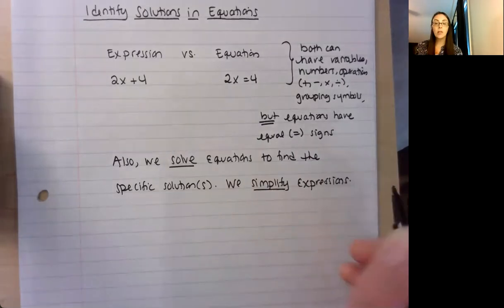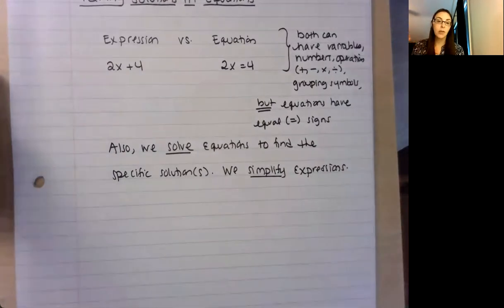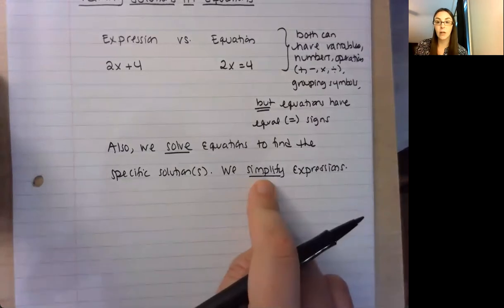Okay? And we can also evaluate expressions for different numbers too. So we're not locked into one specific solution for expressions. We can plug in all different numbers and simplify them to get the result there as well.